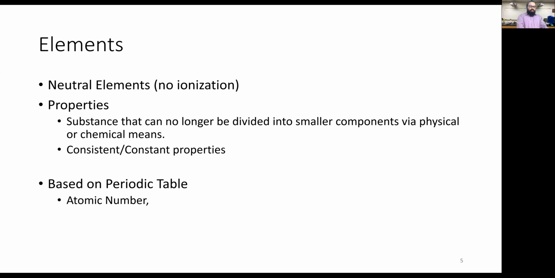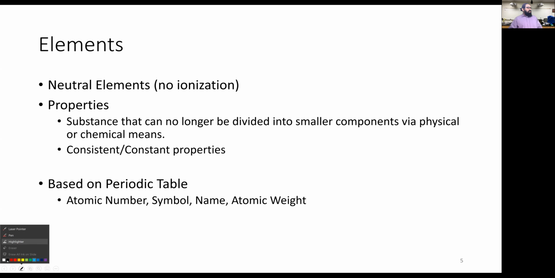Okay. You need to know its symbol, name, and atomic weight. And I do this because I want to make sure they reiterate that this is based on this neutral element. So I'm going to draw my little arrow over here for half a second. Although this is not going to help because it's going to change. Hang on, let me change the structure of this.